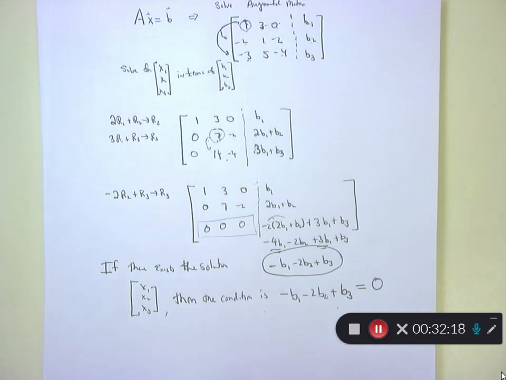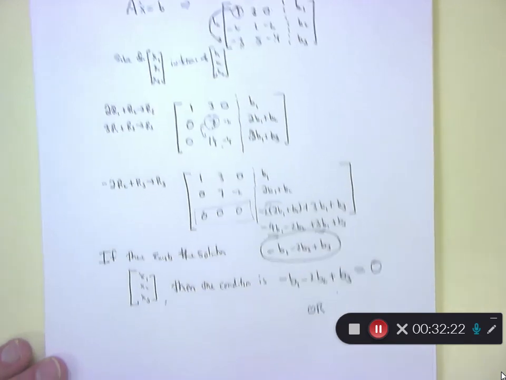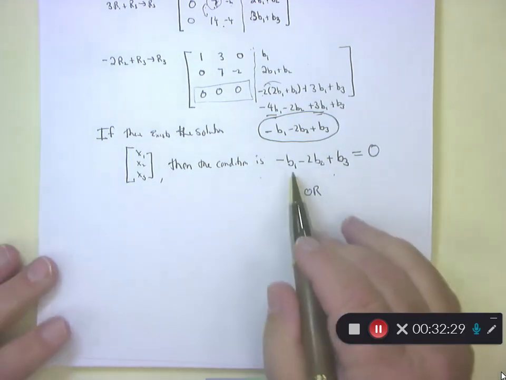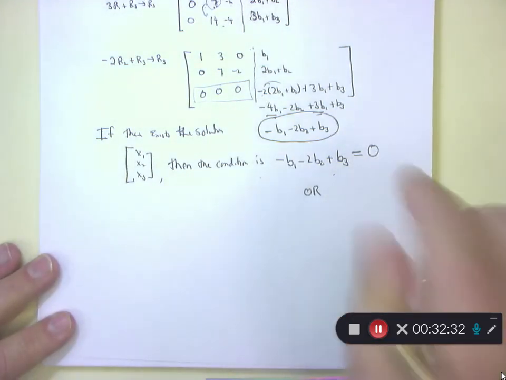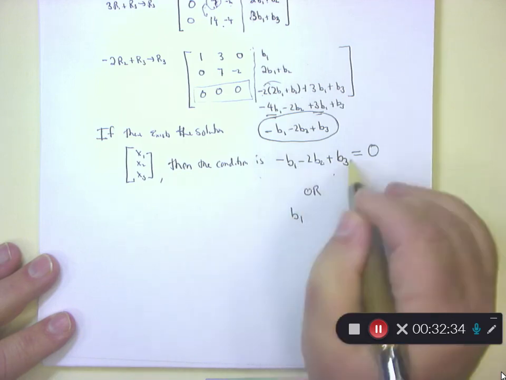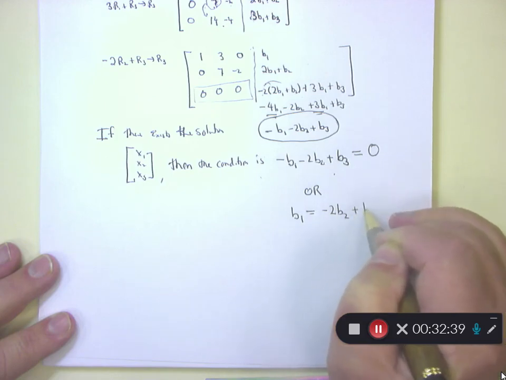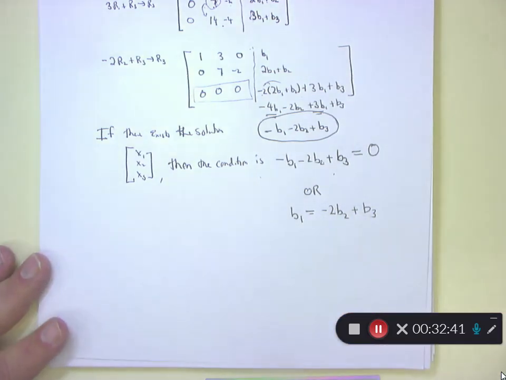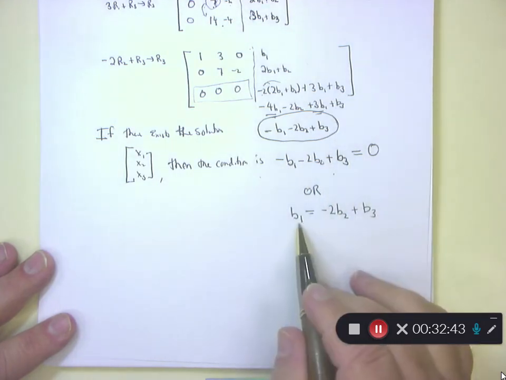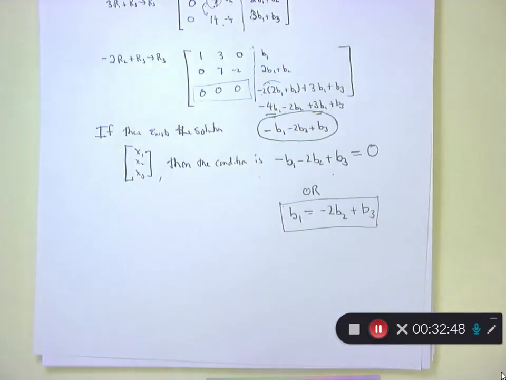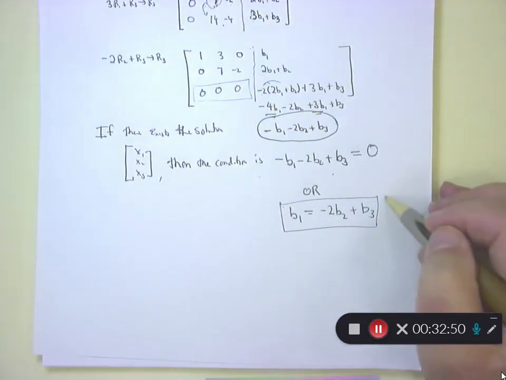Okay? So, to describe the solution for this problem right here, could you please tell me some type of relation? Well, you can solve for B1 if you want to, move that to the other side, or you can say B1 has to be equal to negative 2B2 plus B3, right? I solved for the pivot, if you will, on the B1 there. You could have also solved for B2 or B3, but there is the relation right here.